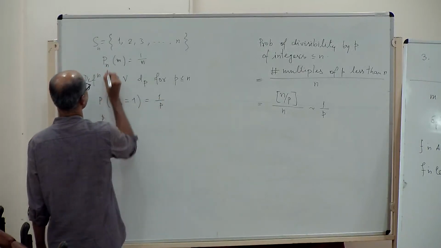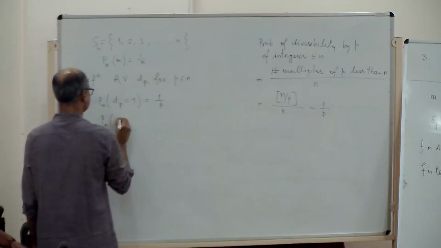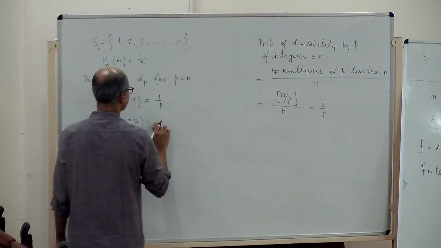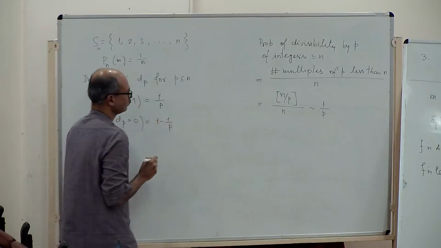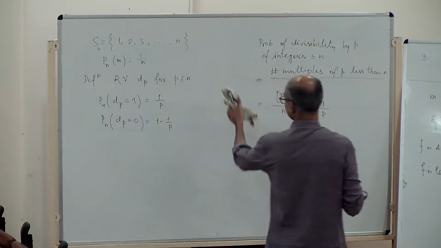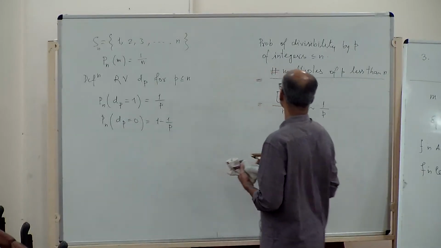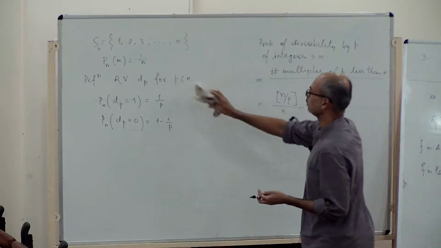This is our P n probability, so we are working on this space. So, it is a Bernoulli variable taking these two values. So, this was the idea, and that is the model.